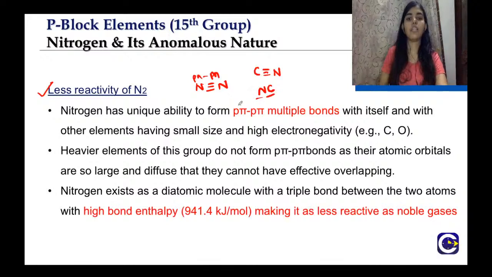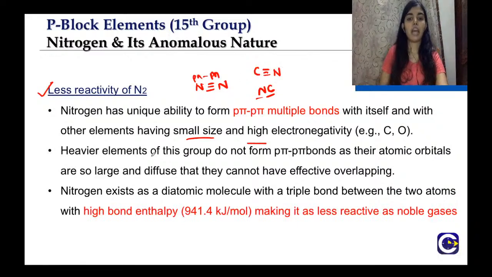So basically it forms p-pi multiple bonds because of the small size and high electronegativity. Carbon and oxygen also form multiple bonds with nitrogen. So the elements which have small size and high electronegativity can form multiple bonds with nitrogen, like in the cyanide group.